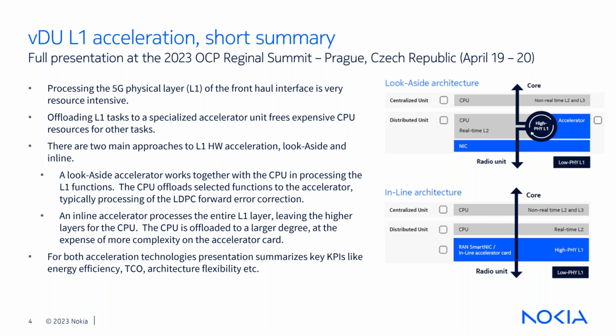In the case of eCPRI, it's a bit higher lane count available, and with CPRI it's a bit lesser.